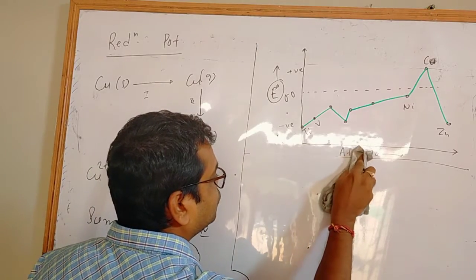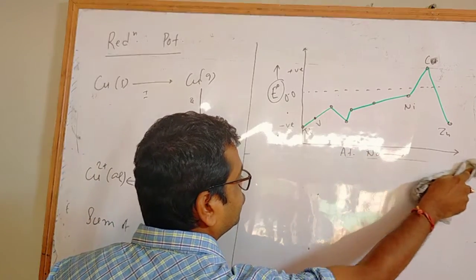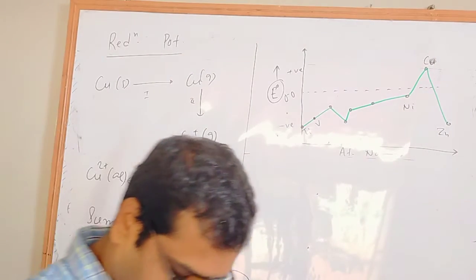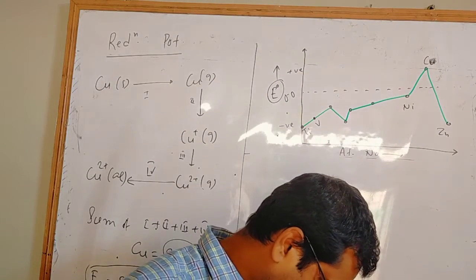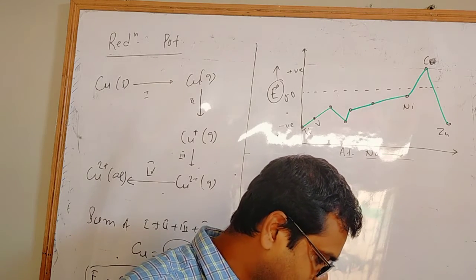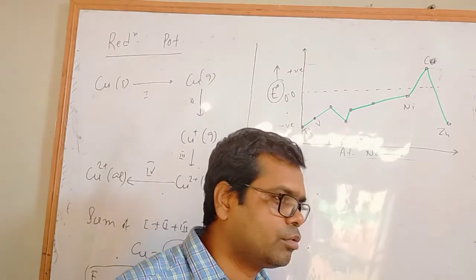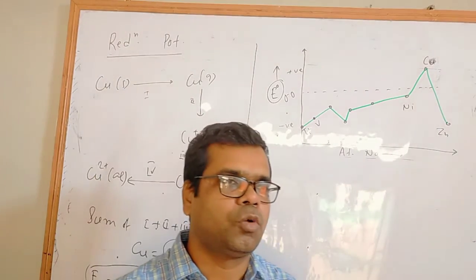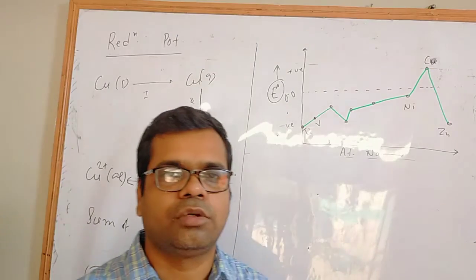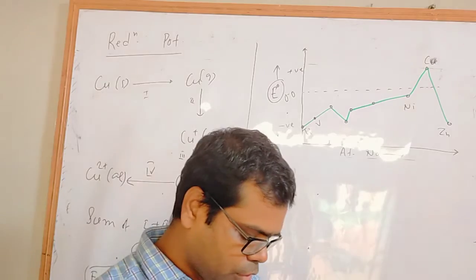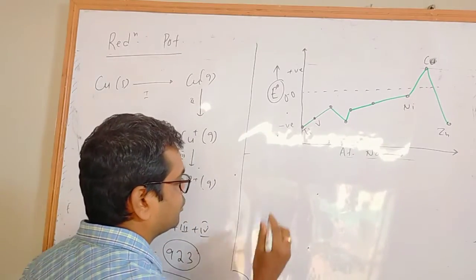So what does it mean actually? If we have negative electrode potential, it tells you there is a unique property of copper you have to explain. For example, if you react copper or zinc with dilute H2SO4, then copper will not react.